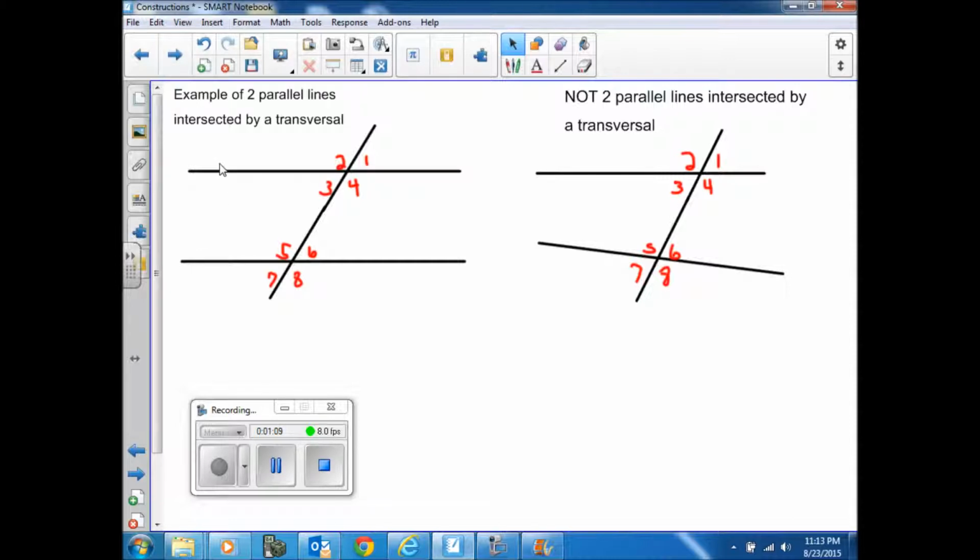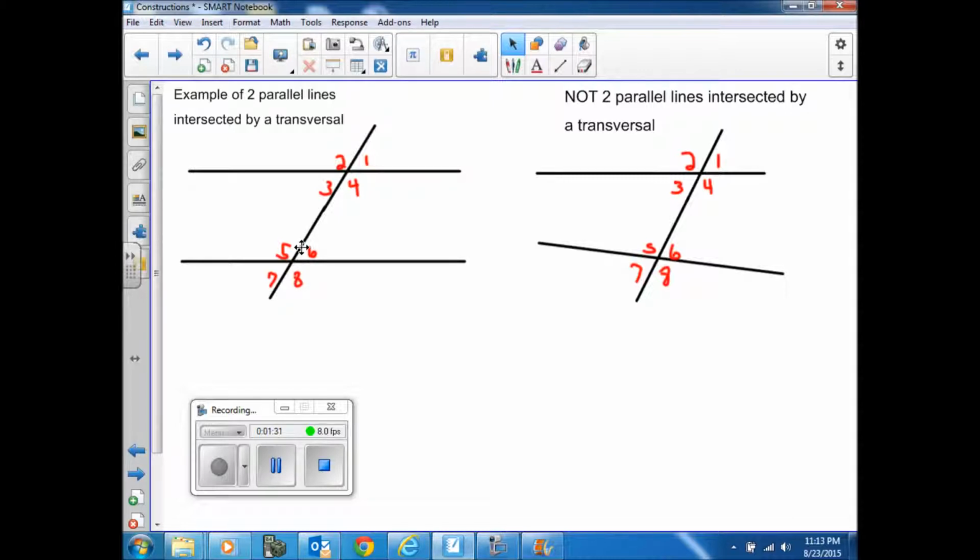So we have two examples here. We have an example of two parallel lines intersected by a transversal, and then we have one that's not two parallel lines intersected by a transversal. Now, one of the ways we can prove that these are two parallel lines is that the corresponding angles will be congruent.